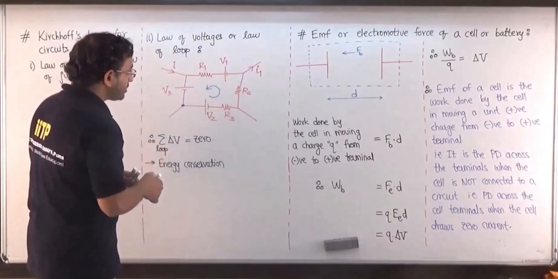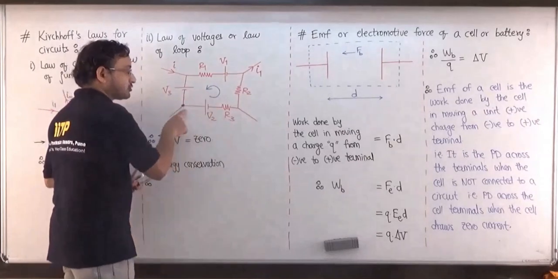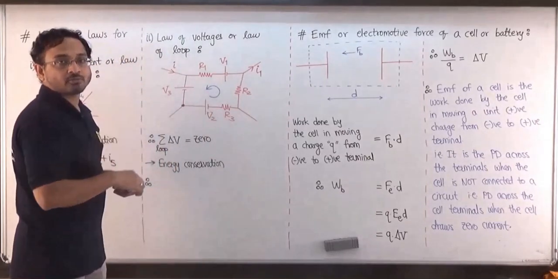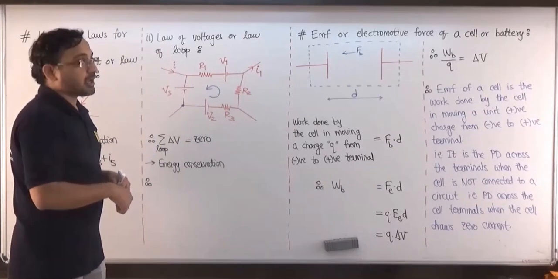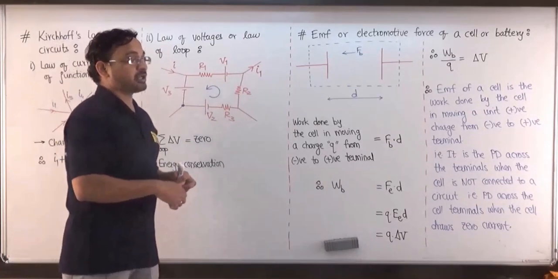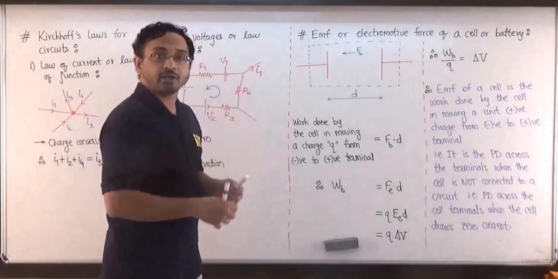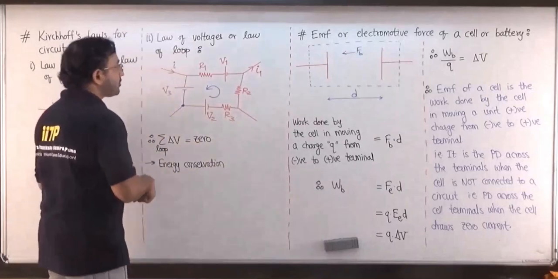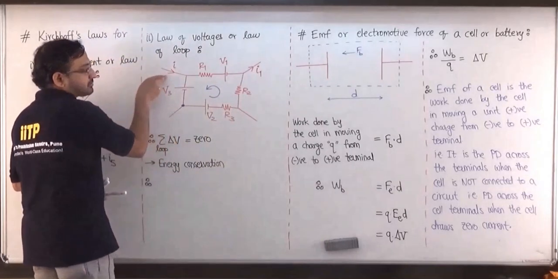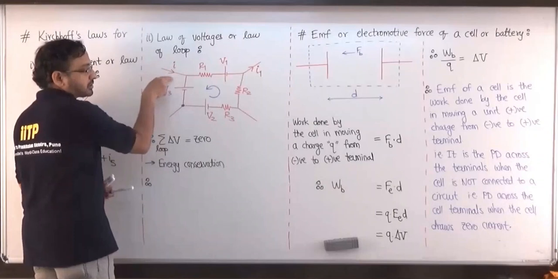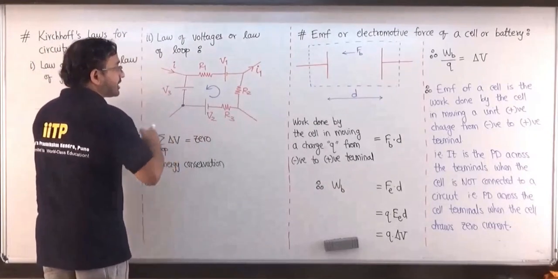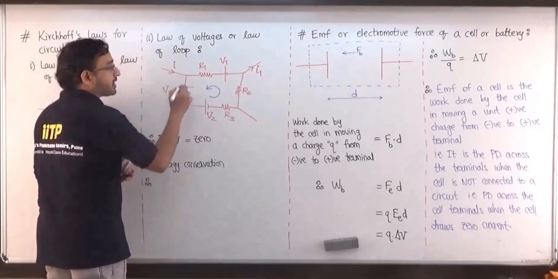But the next job, having chosen the sense and the starting point, is to assume currents, and I'm using the word assume in a very deliberate manner. What do I mean by that? Suppose it is given that the current I is entering this circuit. I'm going to assume that this current splits into two parts.